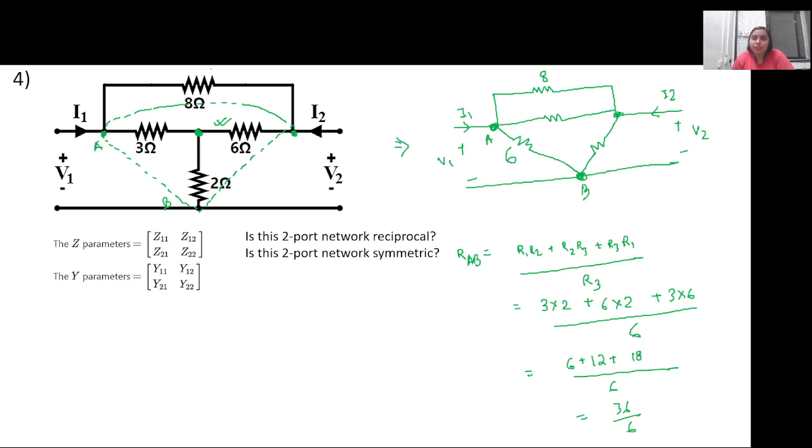So can you calculate the resistance across AC? What will be RAC? So the numerator will remain as it is, right? It will be 36, the multiplication of all the two-resistance combinations. So what will be the resistance across AC?